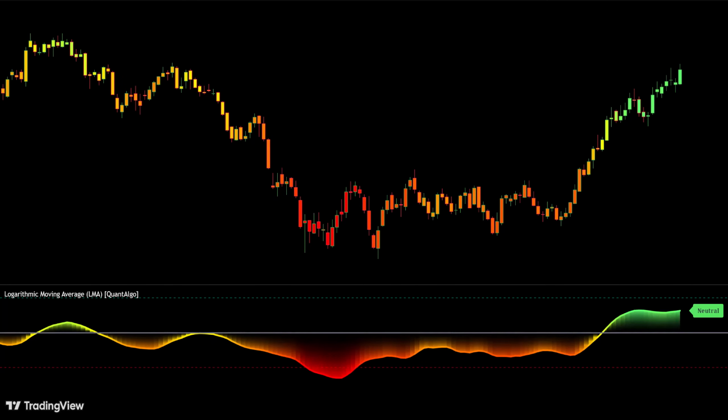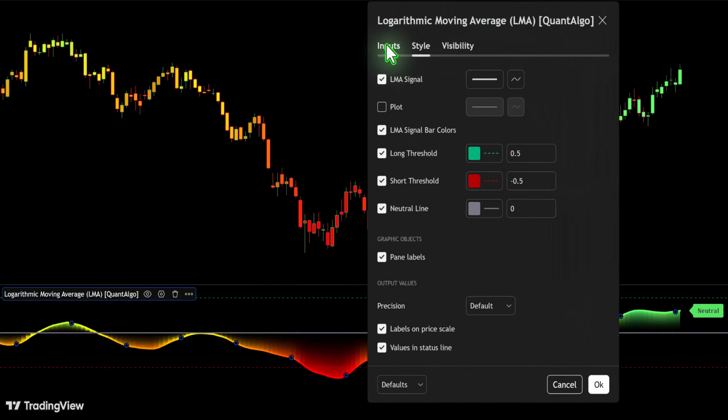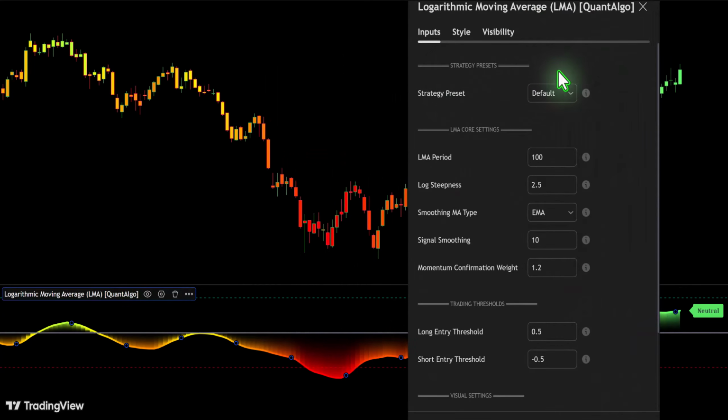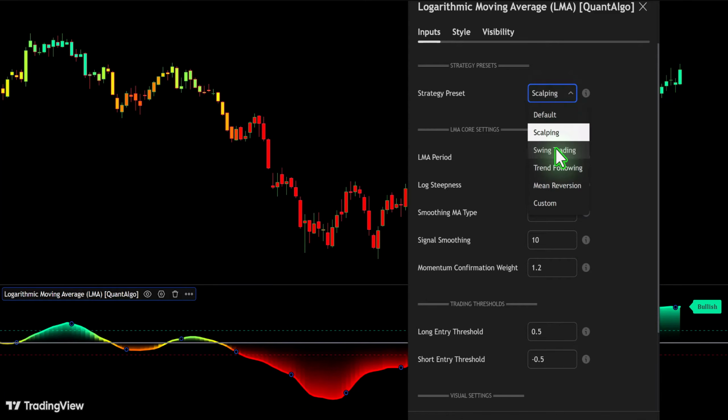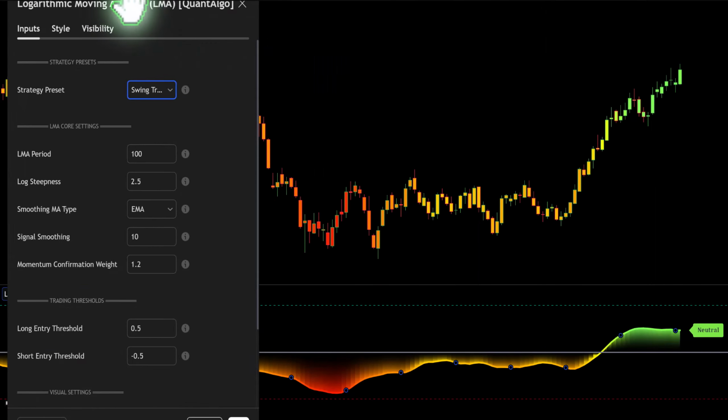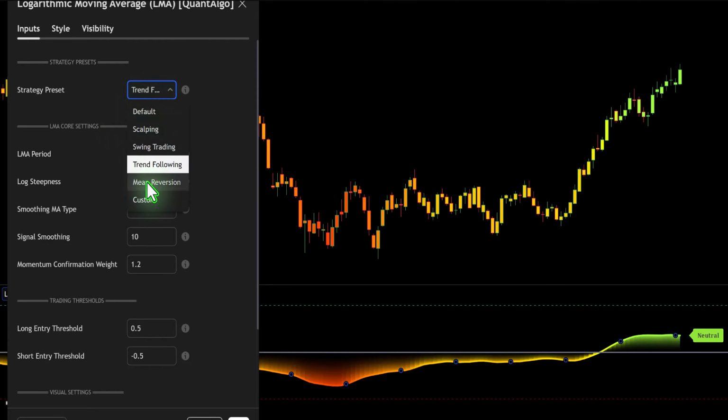Now, when you go to the settings of this indicator by clicking on this gear icon, here in the input section, we have the strategy preset. This is where you get to decide which of the presets you would want to use in the market according to your strategy. So you can see that here we have scalping presets, swing trading presets, trend following presets, and finally the mean reversion preset.